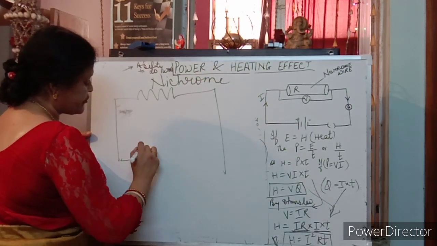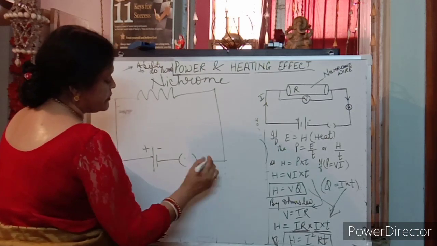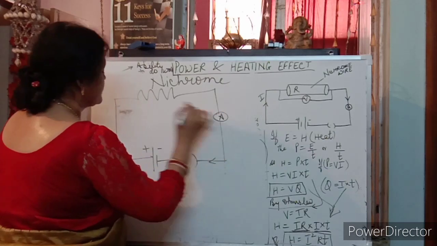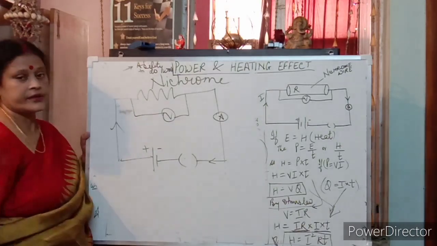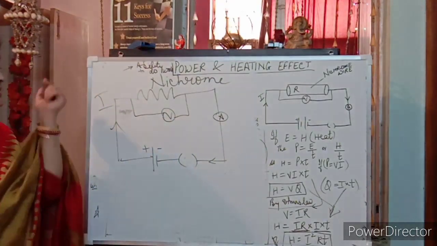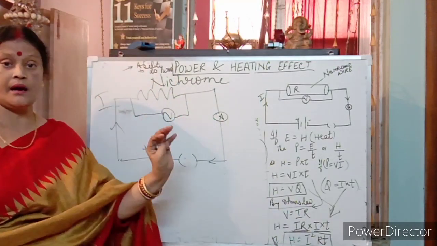This is the battery, this is the switch, ammeter and voltmeter, which is always connected in parallel, and this is the current flowing. Clear? High resistance wire means it opposes the current quite a lot.